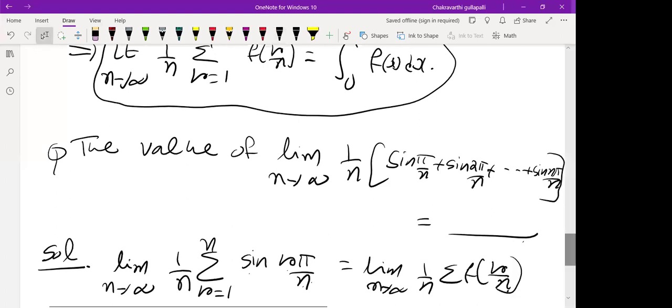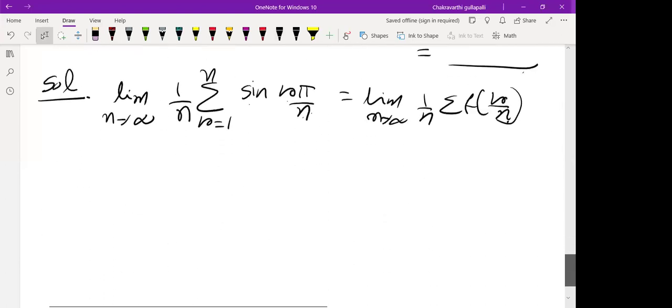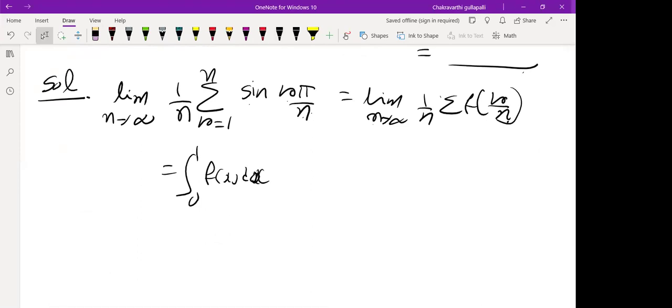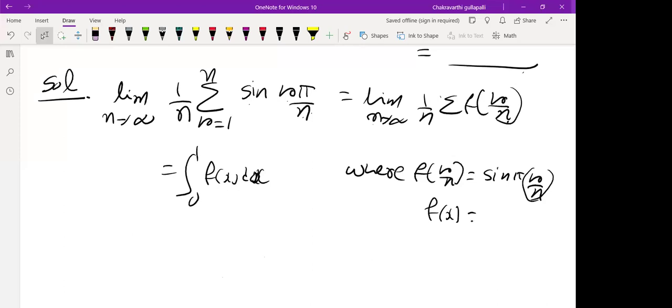Now, according to this formula, this should be equal to integral 0 to 1 f(x) dx. Simply, according to the previous one, limit n tending to infinity, 1 by n, f of r by n is this, according to the second definition of Riemann integration. What is f of r by n? It is nothing but sin pi r by n. What is f of x? Sin pi x.